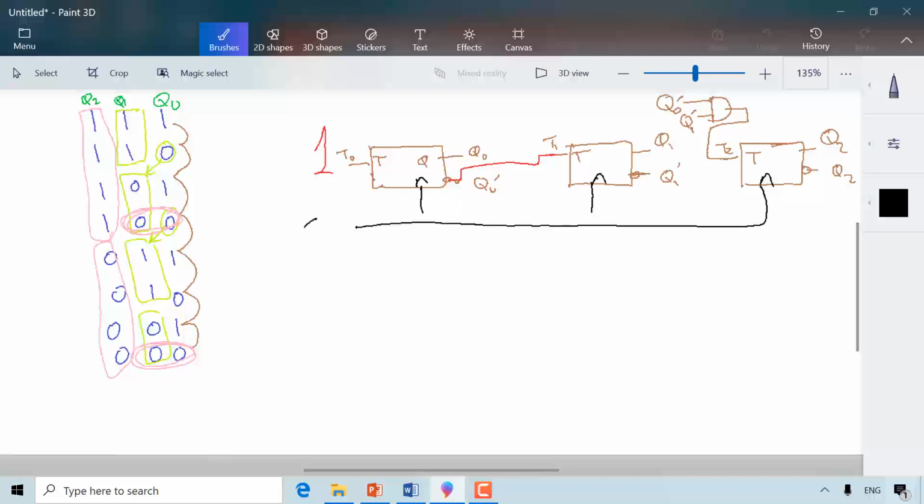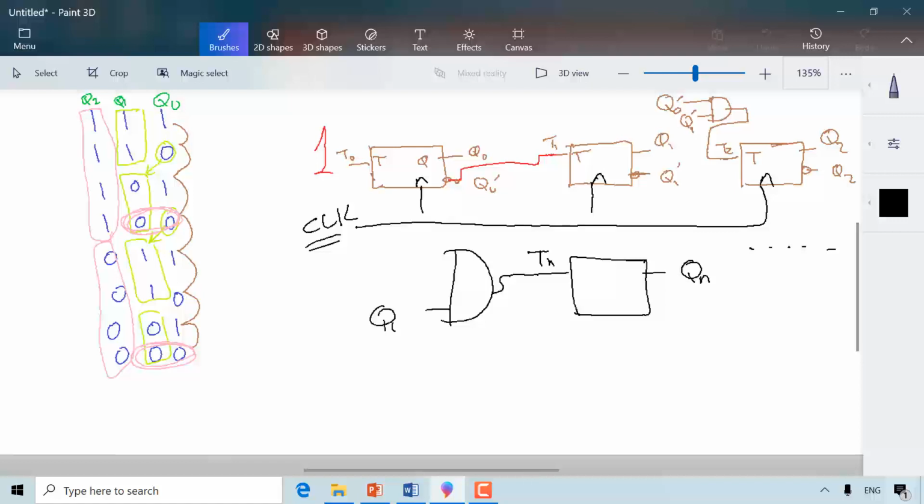I should always show my clock. In general, if we keep continuing, notice we stopped at Q2. Qn, whatever the n is, has a Tn input where this Tn has an AND gate of Q0 prime all the way to Qn minus 1 prime.